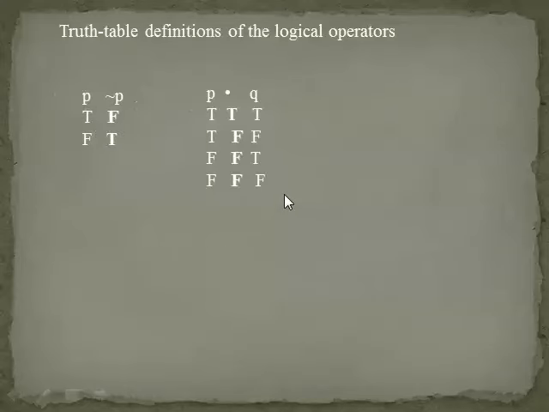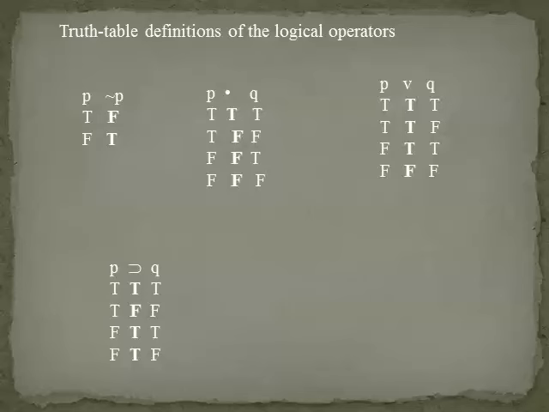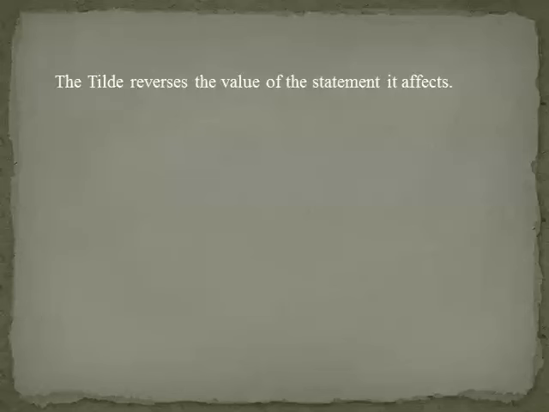Here then are the definitions of the operators by truth table, summarizing what we saw a minute ago. And you don't want to memorize these tables, you want to memorize the key meaning of the term, which is summarized in the tables, and that comes down to this. A tilde reverses the value of the statement it affects. It turns T's into F's and F's into T's.